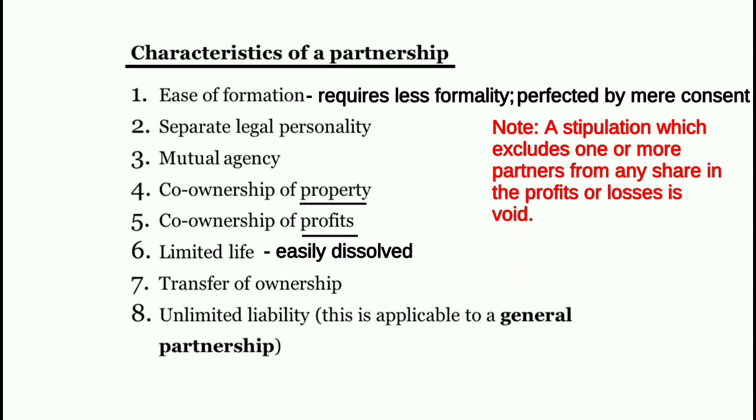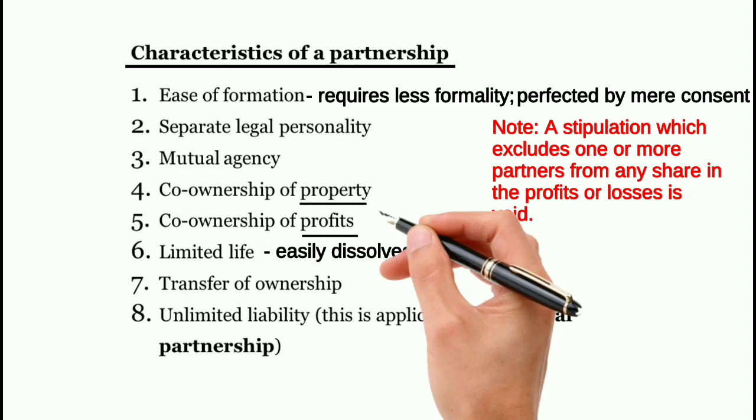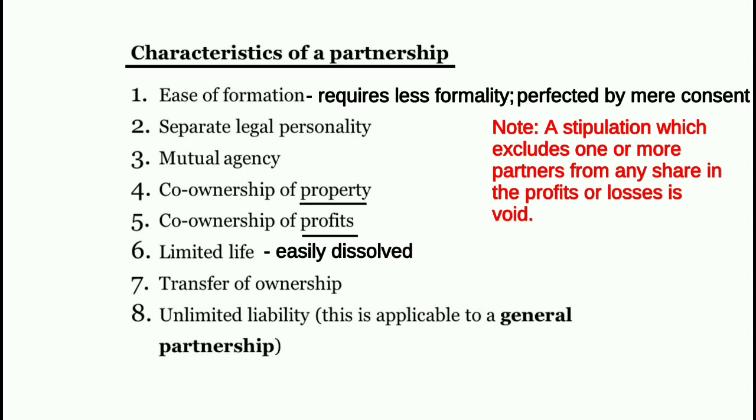Ang opposite ng general partnership ay limited partnership, in which this is a partnership in which at least one partner is personally liable. Anong pinagkaiba ng general partnership sa limited partnership?